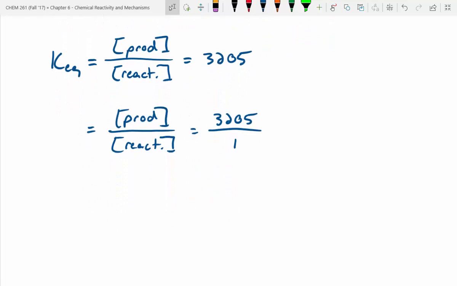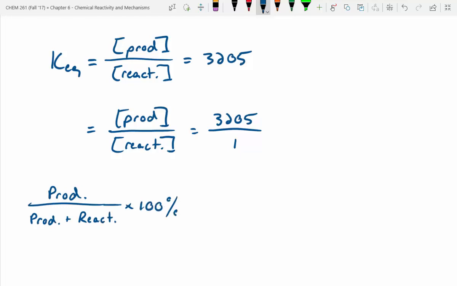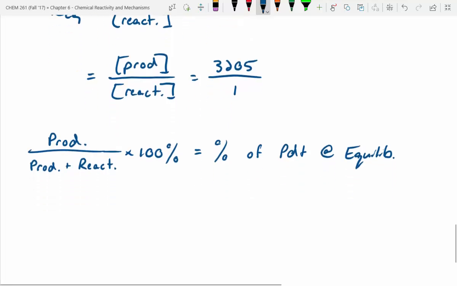Okay, so for this, to find our percentage, we want to take our products divided by the sum of our products plus our reactants times 100, and that will give you the percent of the equilibrium that is your product. So what do you guys think it would be in this case? 99.97. Yeah, so let's plug this in.